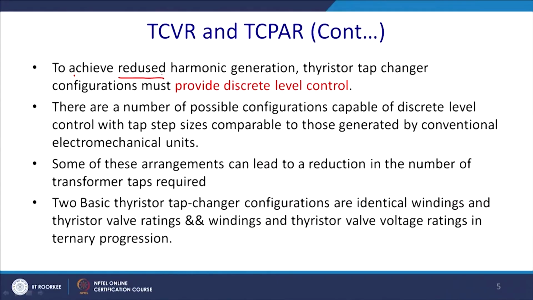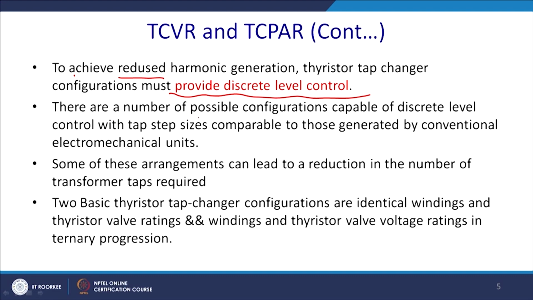And to reduce the harmonic generation, the thyristor tap changer configuration must be provided with a discrete level of control, and you will see in a subsequent topic how it can be done.